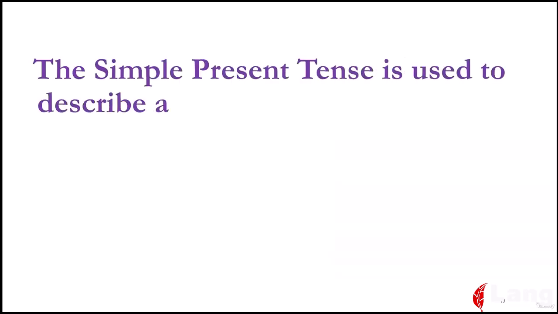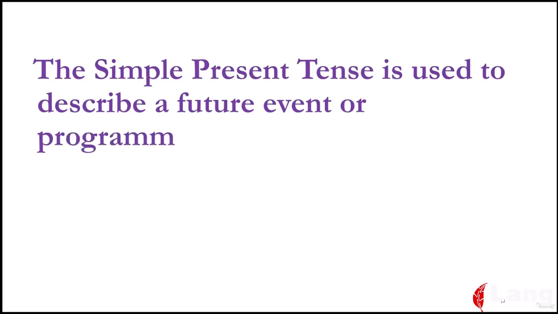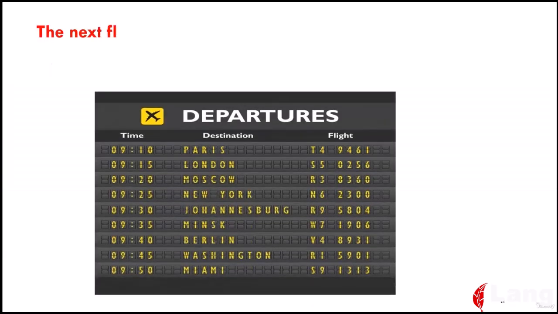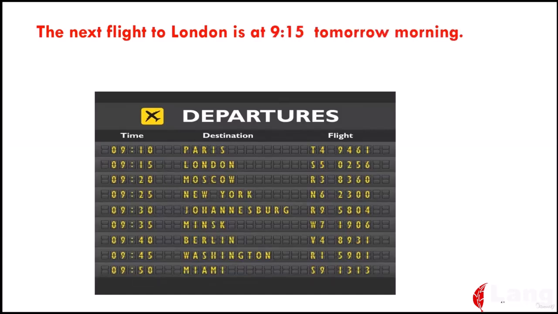The simple present tense is used to describe a future event or program that is part of a fixed timetable. Examples: The next flight to London is at 9:15 tomorrow morning.